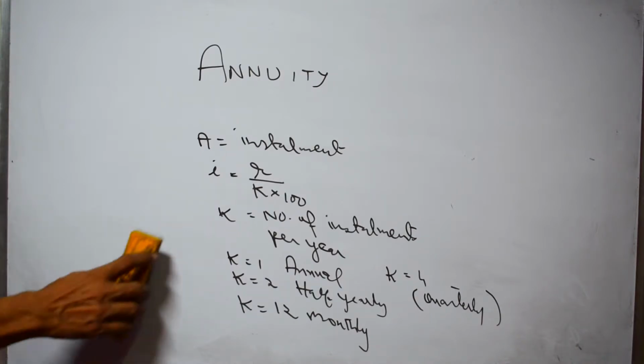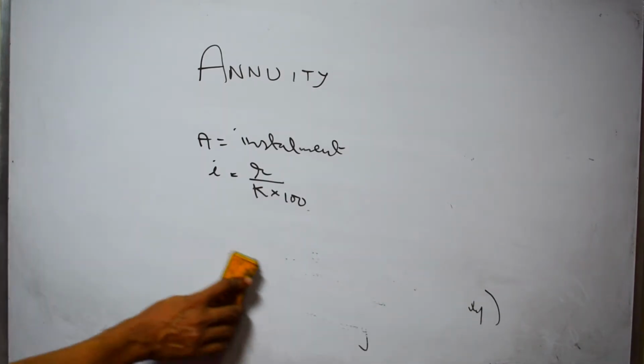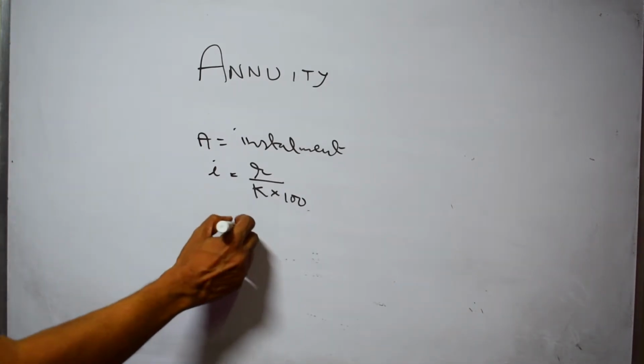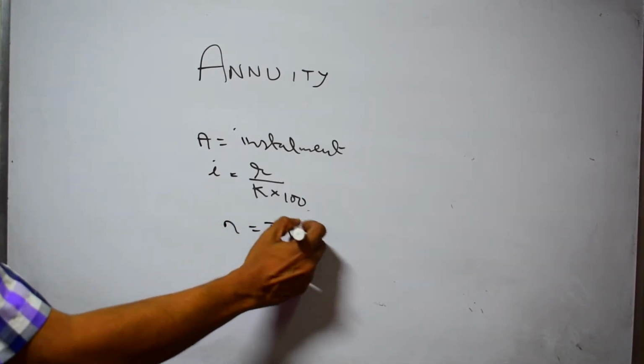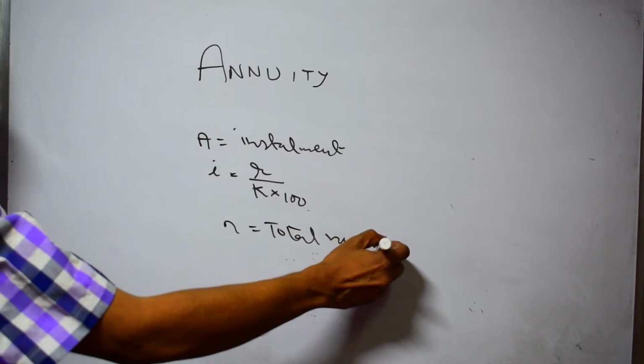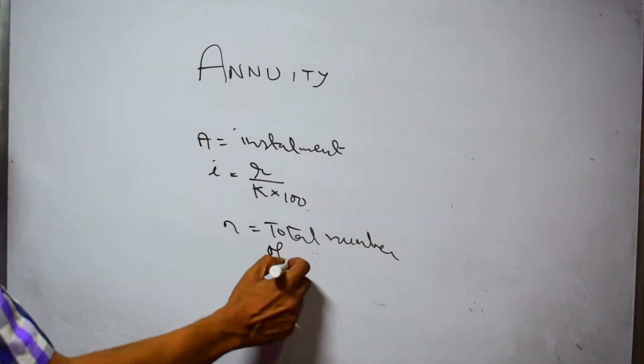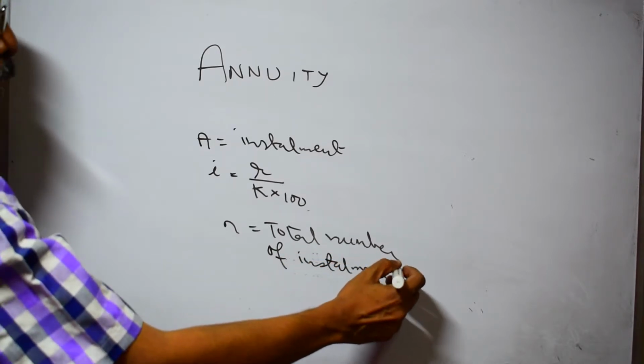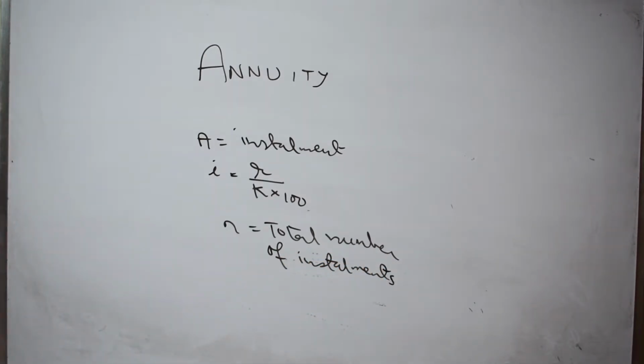And next will be N. N is the total number of installments. So we have two types here: one is future value in the regular annuity concept, another is present value.